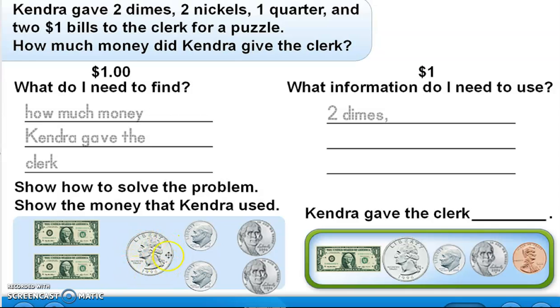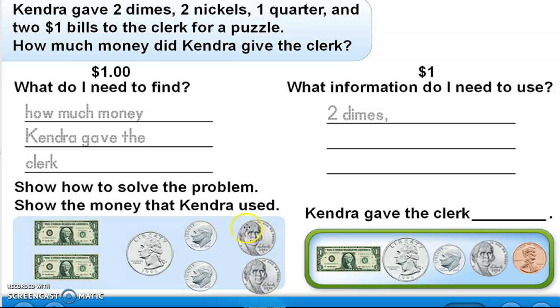So now we have $2.25. Then we add the 2 dimes. So 2 dimes is 20 cents because each one is 10. Right? So we add those to the $2.25 that we already have. So $2.25, $2.35, $2.45.